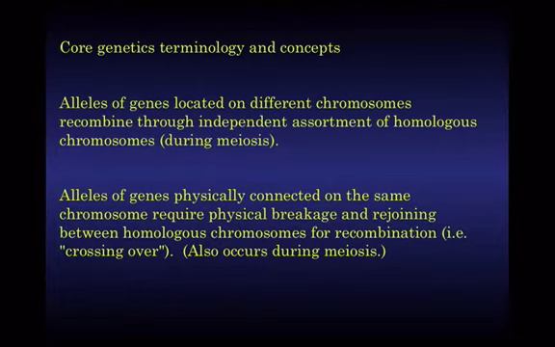But the point to keep in mind is that there are the physical events, crossing over or independent assortment, and then there's the genetic event which may happen, which is recombination. It's also perfectly possible to have independent assortment that does not produce recombination, and it's possible to have crossing over that does not produce recombination. What matters is whether new combinations of alleles are produced.